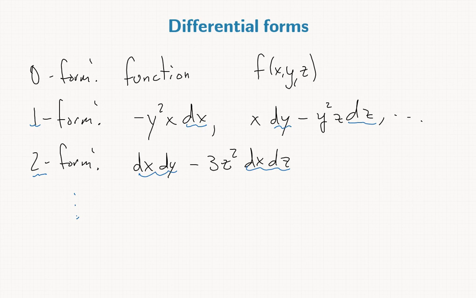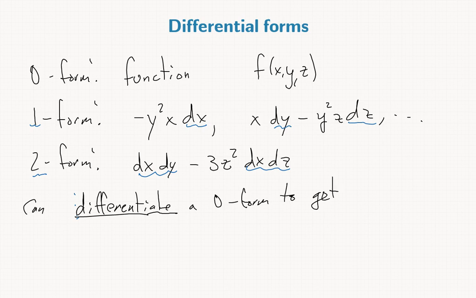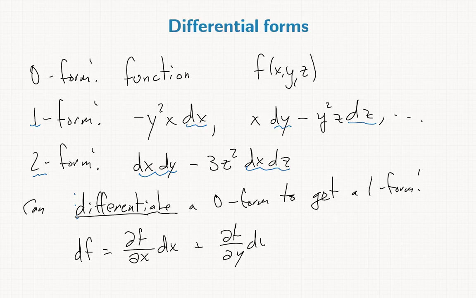So we can differentiate a zero form or a function to get a one form. So the one form df is del f by del x dx plus del f by del y dy plus del f by del z dz.